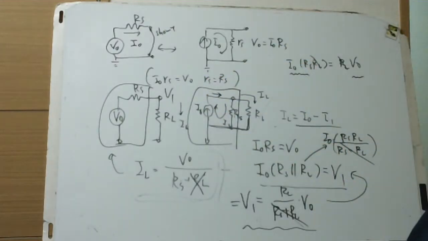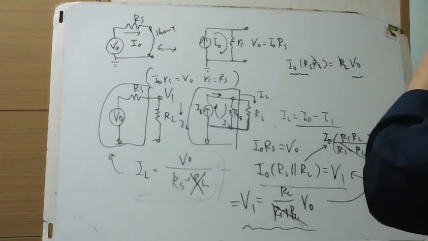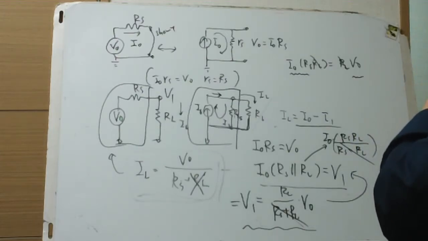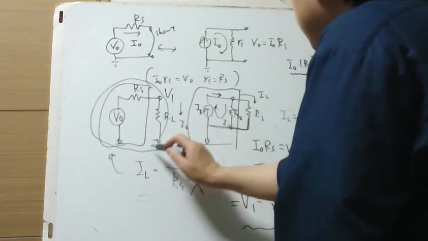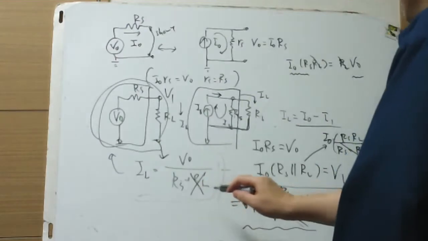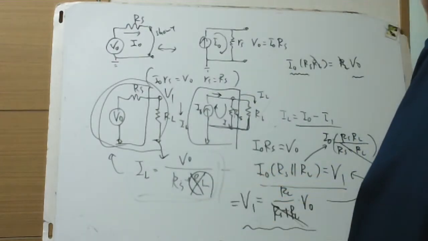This holds. So there's no contradiction. Simply this says IL equals VO over RS plus RL, finite with finite RL loading.